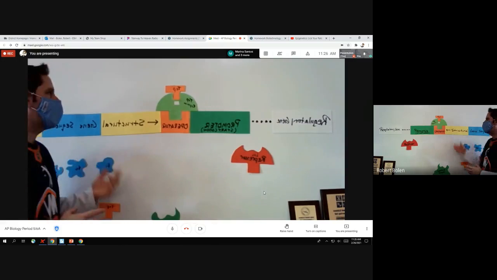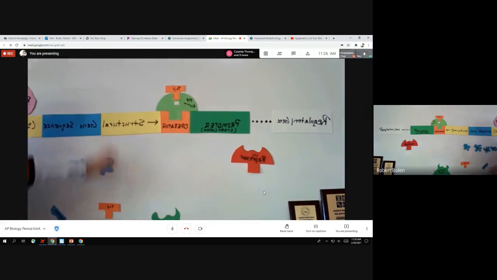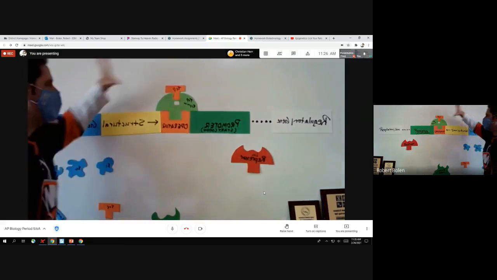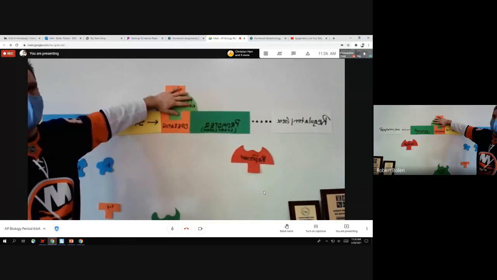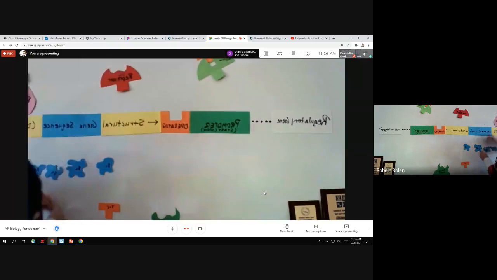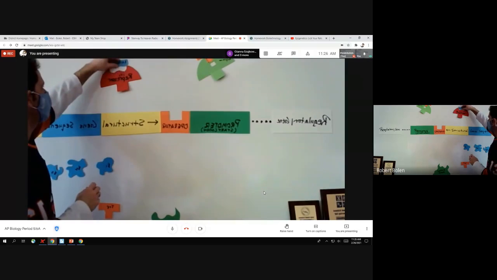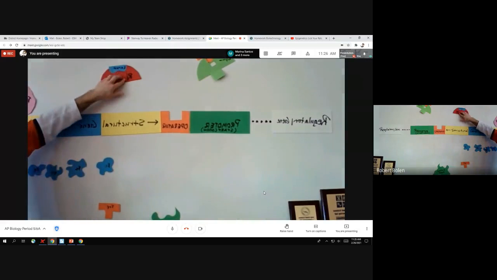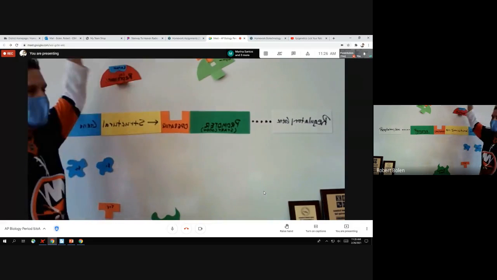In the TRP operon, when the end product, the protein that you're coding for, is made, it inactivates the repressor. In the lac operon, when lactose is present, you're going to inactivate the repressor so that you can copy the gene.